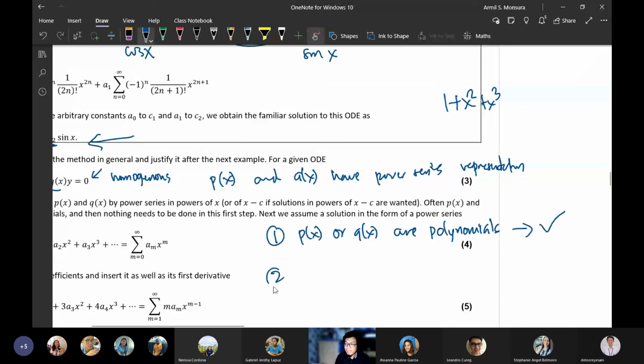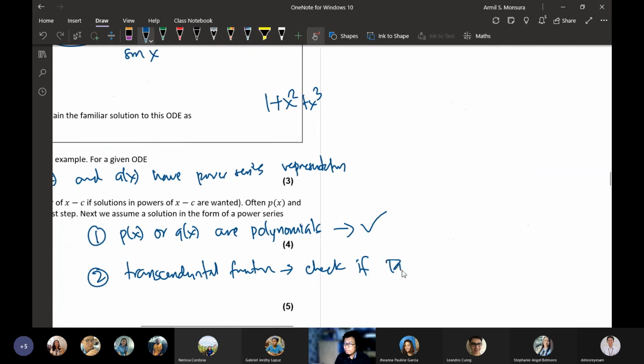Okay? If they are non-polynomials, so if they are, for example, transcendental functions, check nyo muna. Please check if a Taylor or a Maclaurin series expansion is possible.